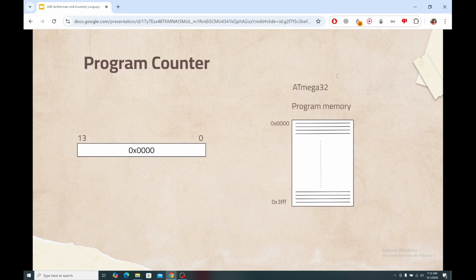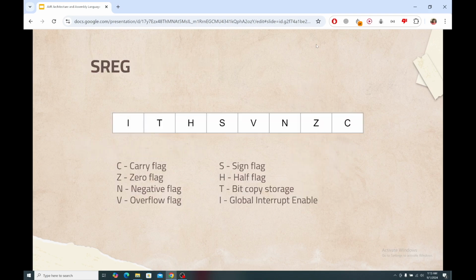It indicates the program memory, of course. For ATmega32, the program counter register is 14 bits. In the AVR architecture, the program counter can be of highest 22 bits.